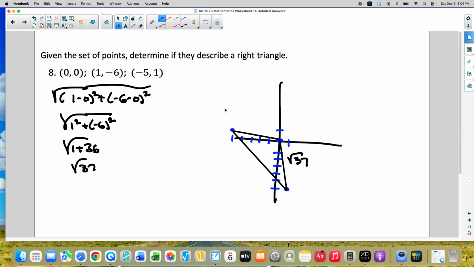We'll do the next one. We'll do this to this, which gives us the square root of negative 5 minus 1 squared plus 1 minus negative 6 quantity squared. This is negative 6 squared plus 7 squared.